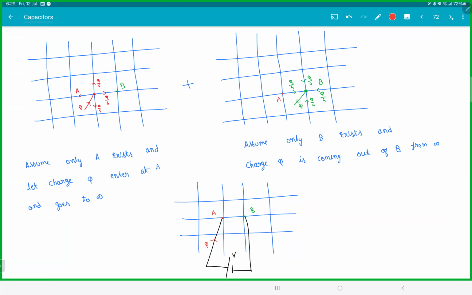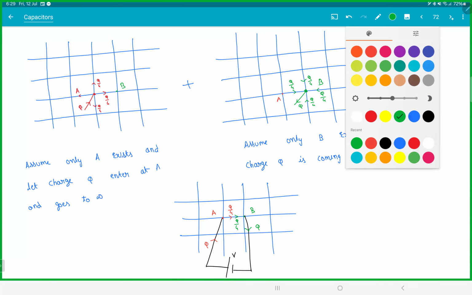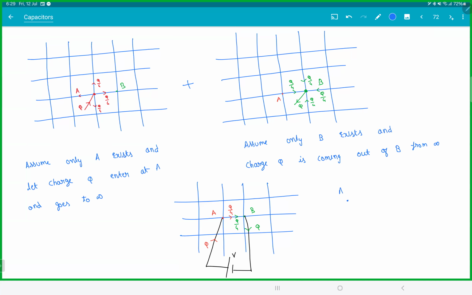Whenever charge Q enters A, in this branch you will get Q by 4. Whenever charge Q comes out of B, in the same branch you'll get extra charge Q by 4. Agreed? Both of them will happen at the same time. If you do both at the same time, you'll get Q by 4 plus Q by 4. That means the capacitor in the middle branch between A and B has a charge of Q by 2.